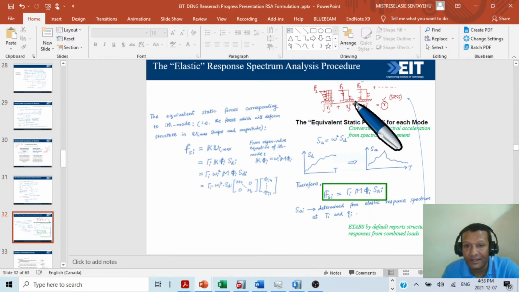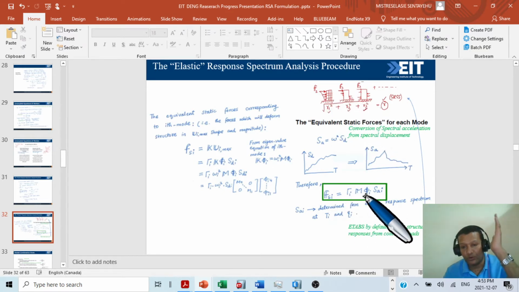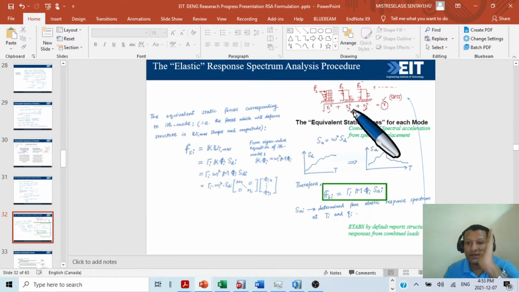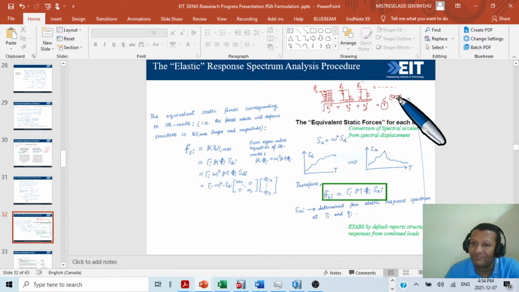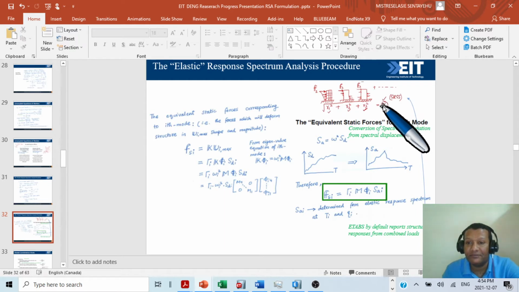Once we find this F for mode 1, then we will find it for mode 2, then for mode 3. So for all the responses of the structure, whether shear force, moment, inter-story drift ratio, or anything, we will SRSS them to find the final response of the structure.